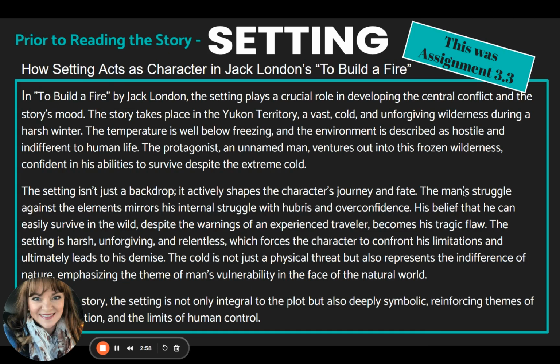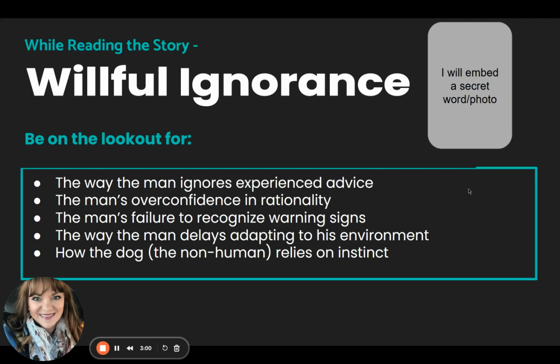All right. So we have been talking about willful ignorance. I want you to be on the lookout for signs of willful ignorance, mainly by the main character, the main protagonist. I want you to find examples and evidence of his willful ignorance.